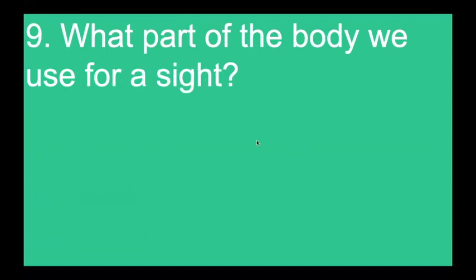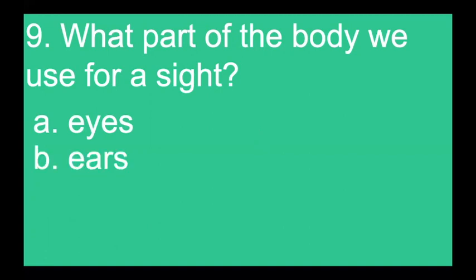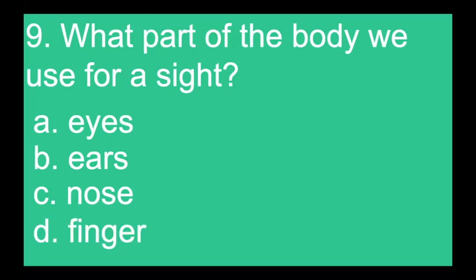Okay, continue. Number 9. What part of the body do we use for sight? A. Eyes. B. Ears. C. Nose. D. Finger.